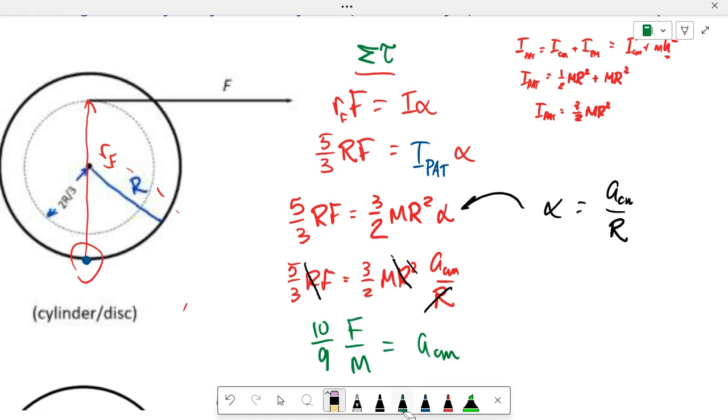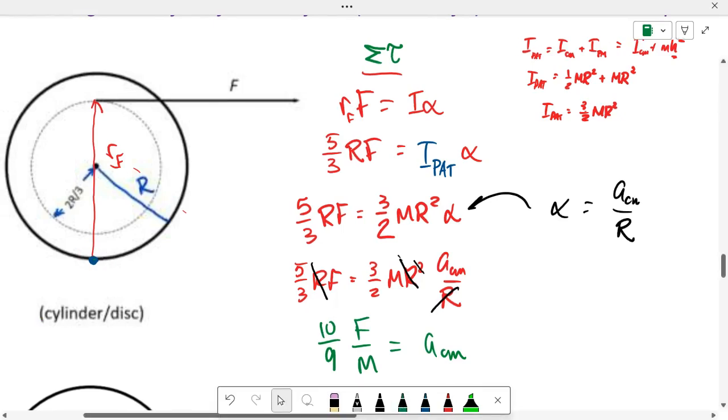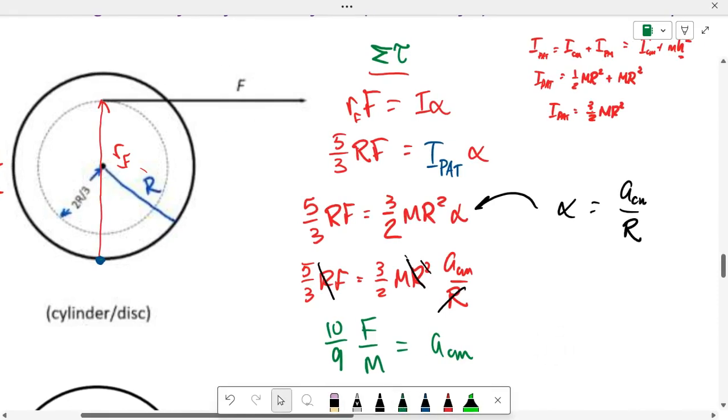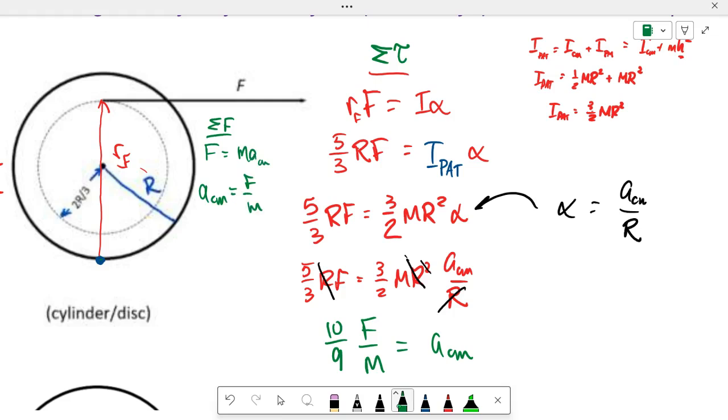Doesn't look like it, does it? Or does it? Here's a big deal. A strategy of mine for figuring out things about friction is to ask, what if there wasn't friction? Without friction, if this were the only force, a simple net F would say that's how much ACM you get.